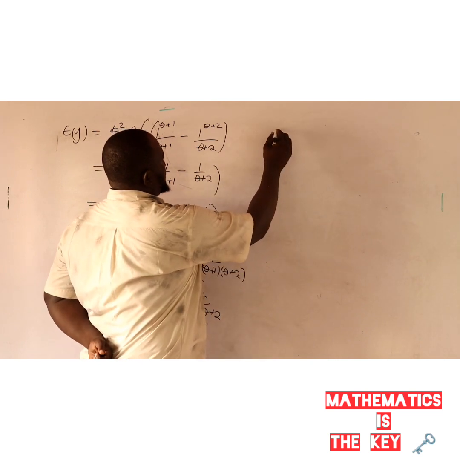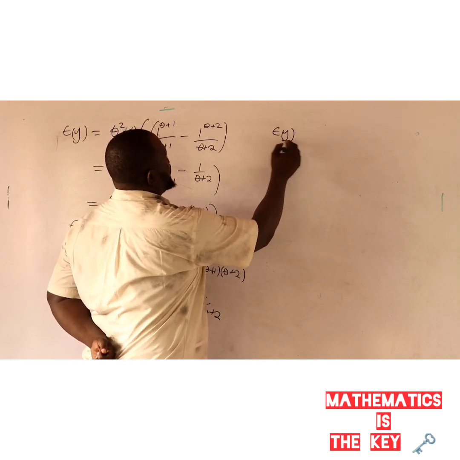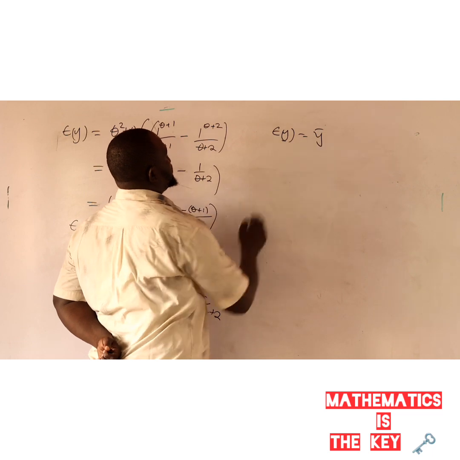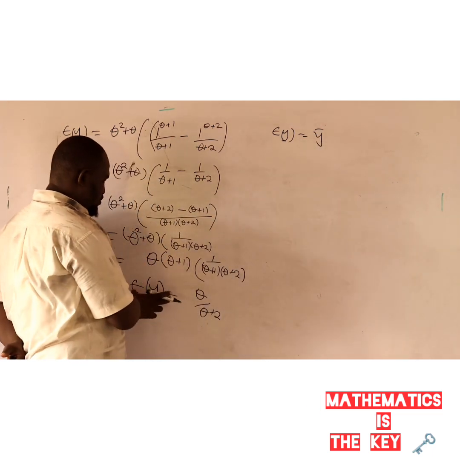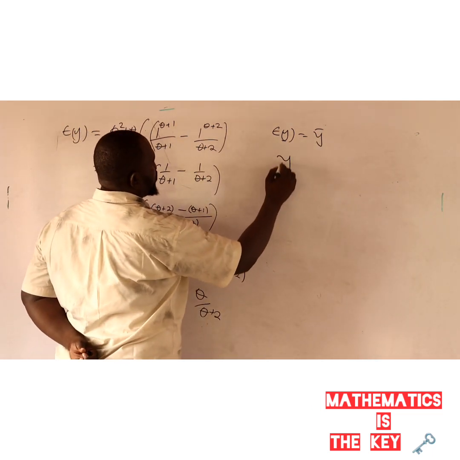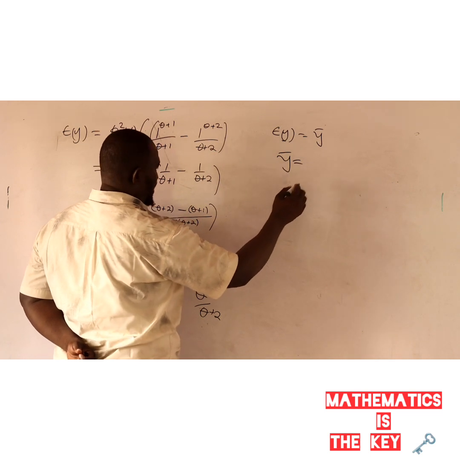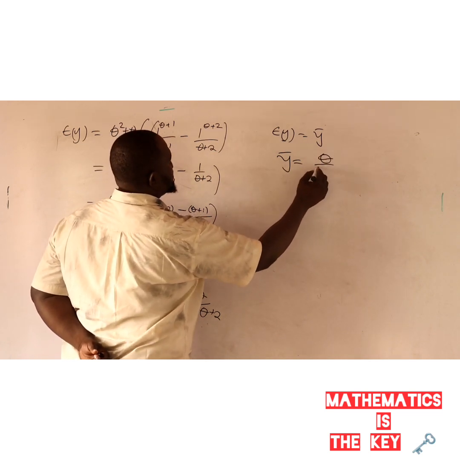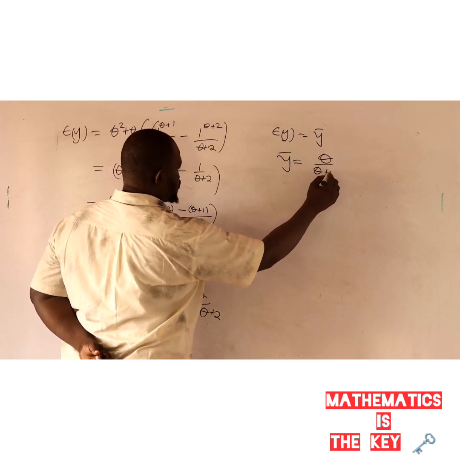Okay, we have expectation of y the same thing as y bar, the mean value of y. So replacing this one, we'll have y bar is equal to theta all over theta plus 2.